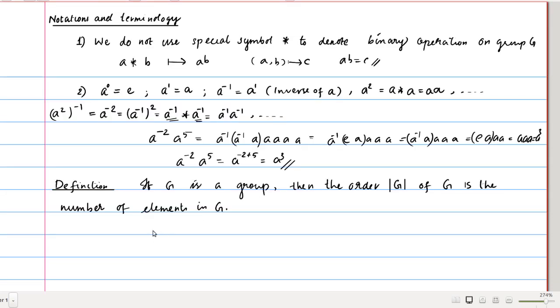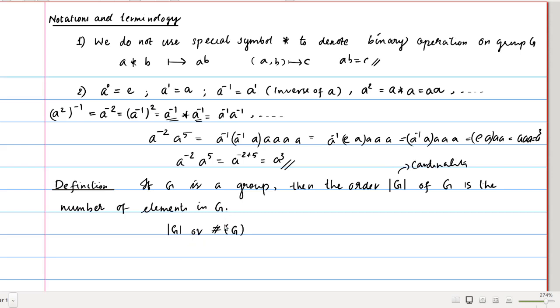Now we have a definition. If G is a group, then the order is denoted by mod G. This is what we call the cardinality; you can write it as the cardinality of G. This is also called the order of G. The order of G is the number of elements in G. The order of G is also denoted by hash of G, like the cardinality, or you can use this symbol.